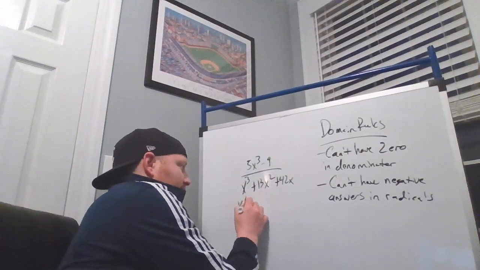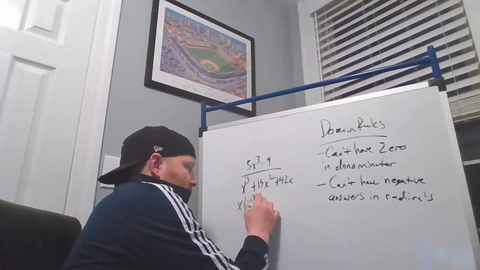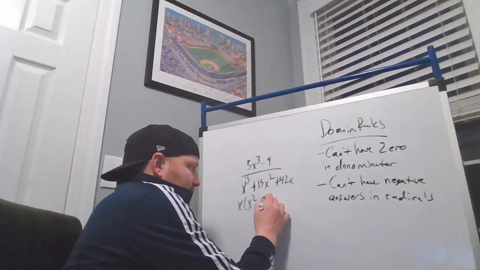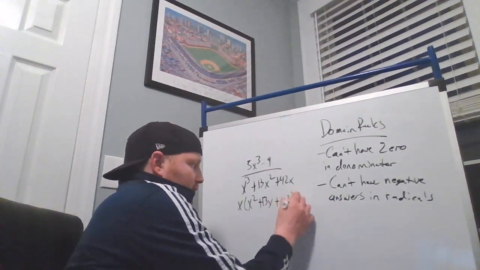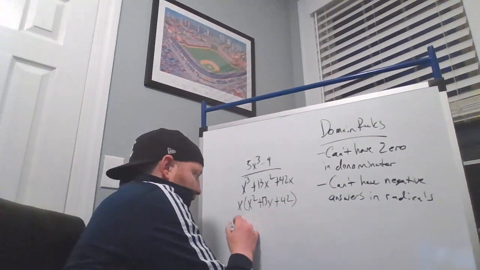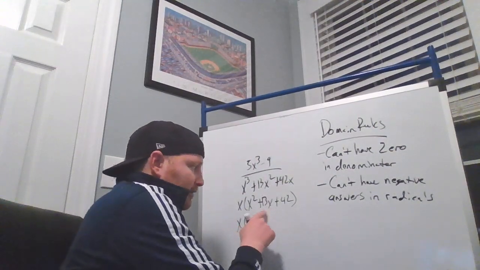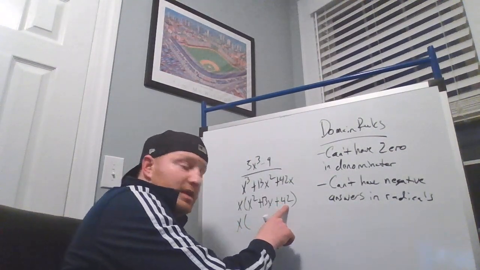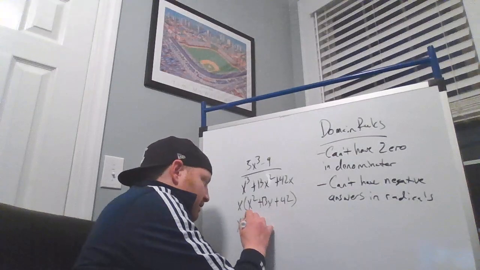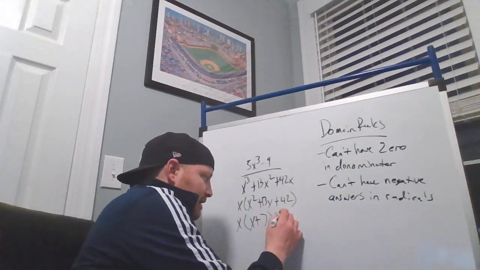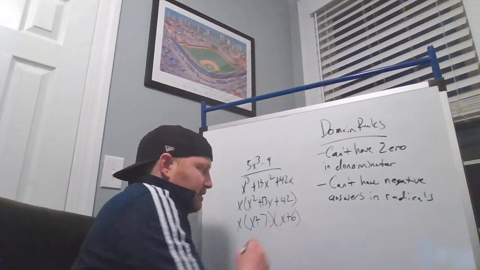So I'm going to factor that out first. This is x squared plus 13x plus 42. And now how does this factor down? What multiplies to 42 that adds to 13? So this is x plus 7, and this is x plus 6.